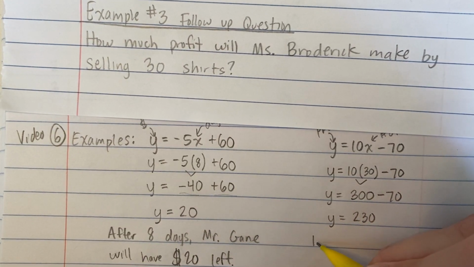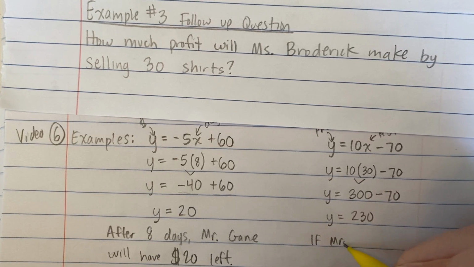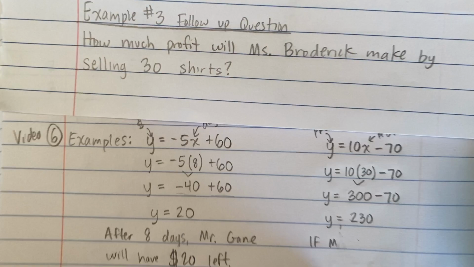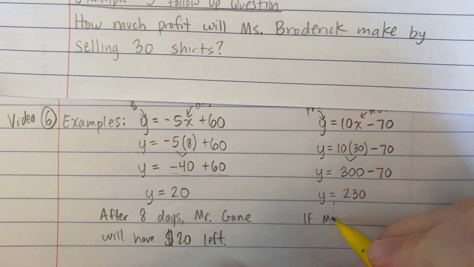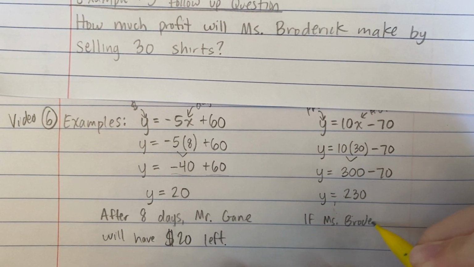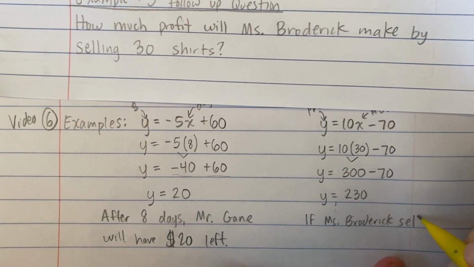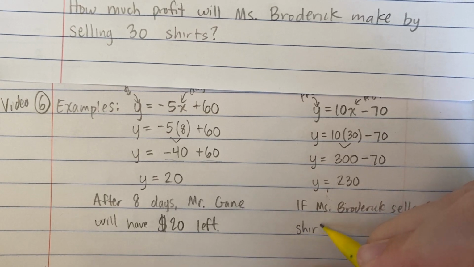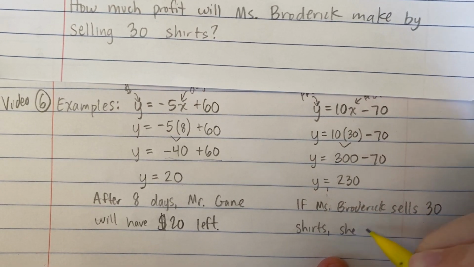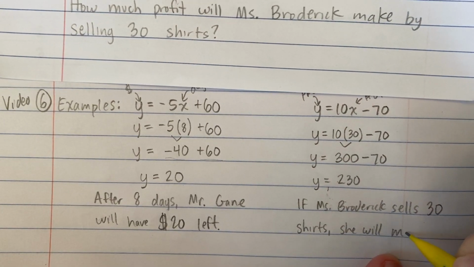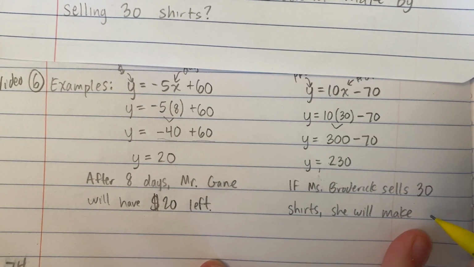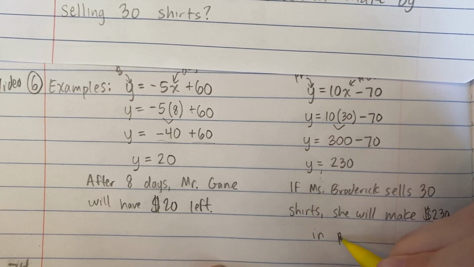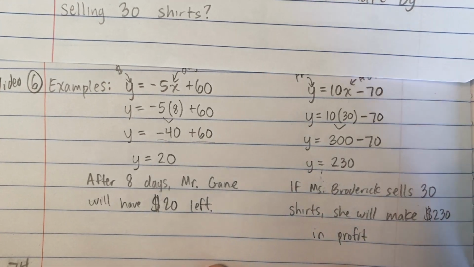If Ms. Broderick sells 30 shirts, she will make $230 in profit.